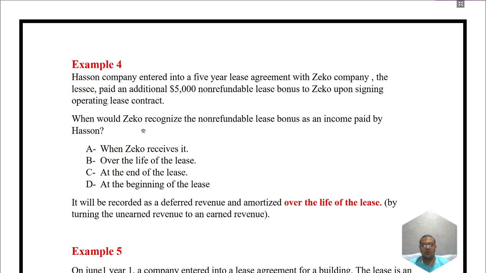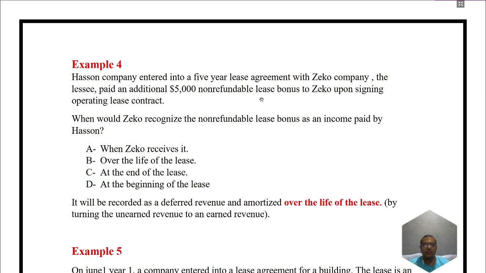I know that Zico in this example is a lessor, and I said at the beginning of the video that we are concentrating on the lessee's perspective today, but it's a little bit easier to understand this example. The lease bonus is a prepaid expense from the lessee's perspective and unearned revenue from the lessor's perspective.